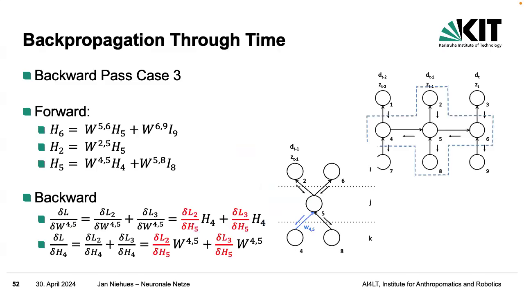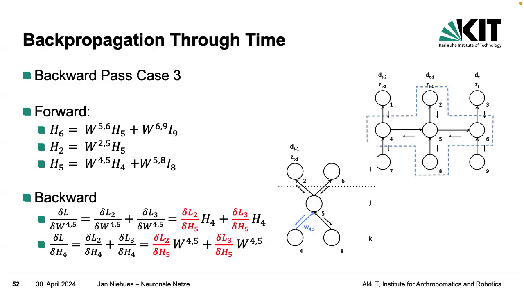When we calculate, for example, the derivation from 4 to 5, it once gets a feedback signal from loss 2, and it gets a feedback signal from loss 3. So at 2 different positions, we get this feedback signal. The overall loss is the sum of the individual losses.